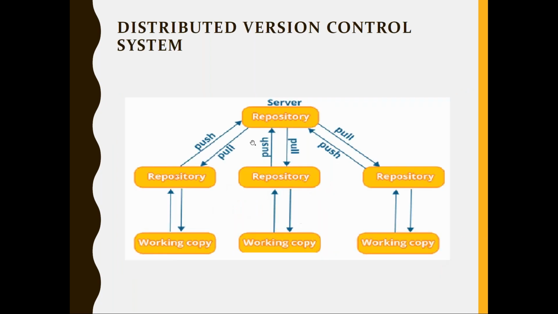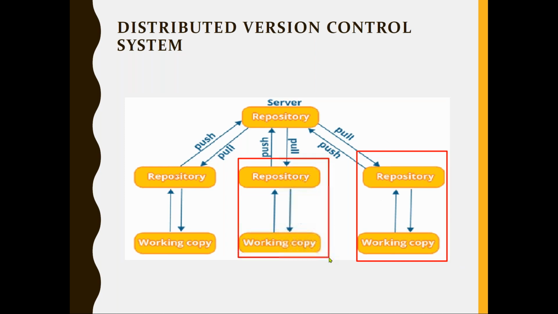Okay, so this is a centralized version control system, and to overcome these problems, we have distributed version control system. This is a central server or remote server, and this is the workstation of each developer.